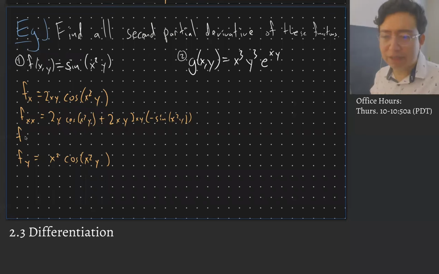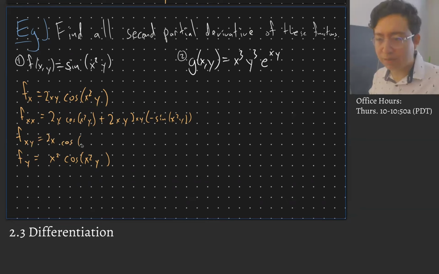And now similarly, you can take the derivative of this with respect to y. This one's also going to need a product rule. So we get 2x cosine of x squared y plus, and now you have 2xy times x squared times negative sine of x squared y.